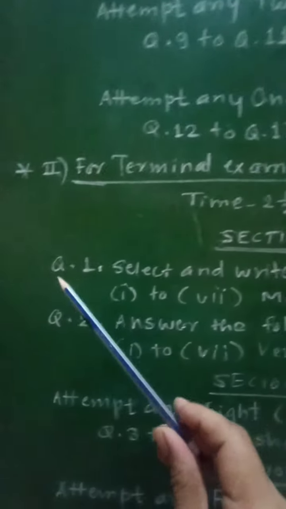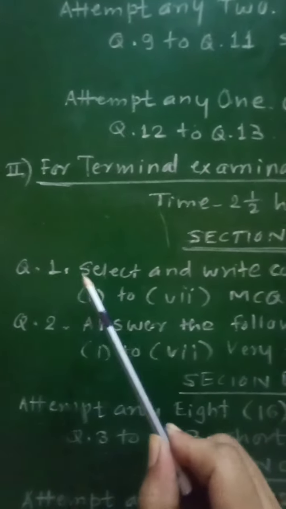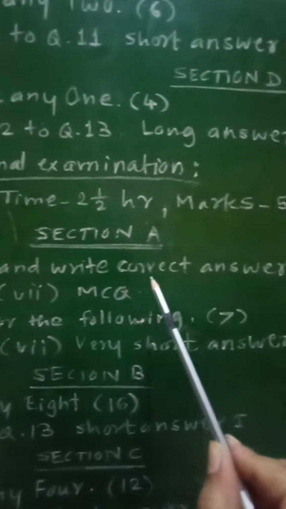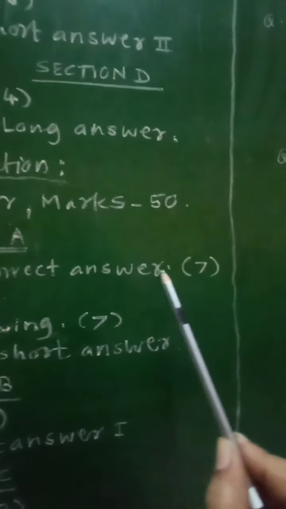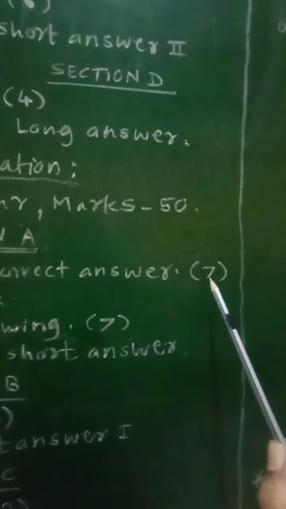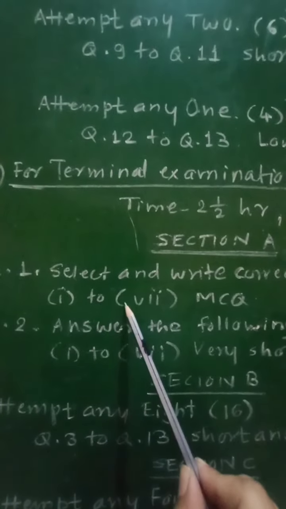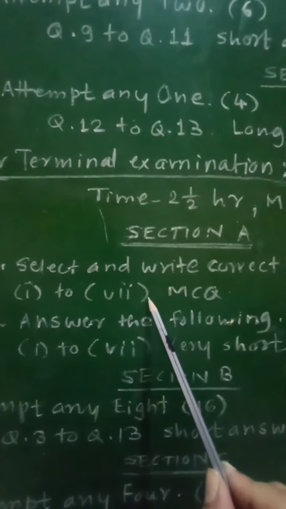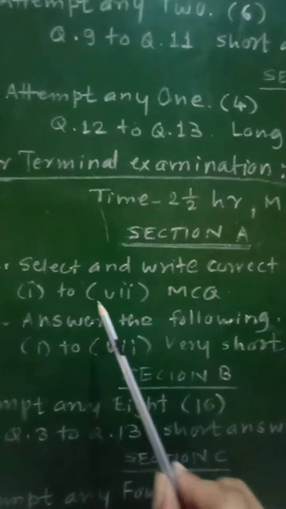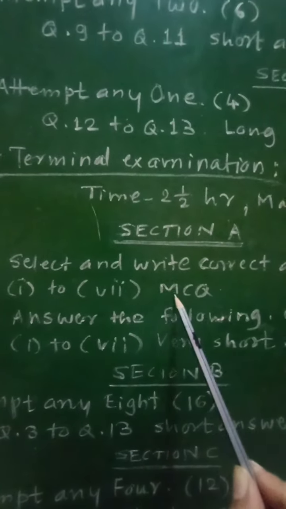Let us see section A. In this section A, question number 1 will be select and write the correct answer, and it will carry 7 marks. In this question there will be 7 sub questions in the form of MCQs, that is 7 multiple choice questions.